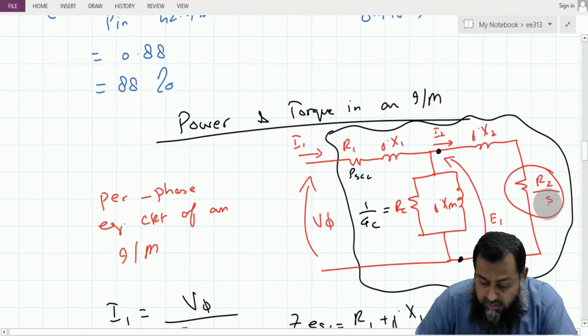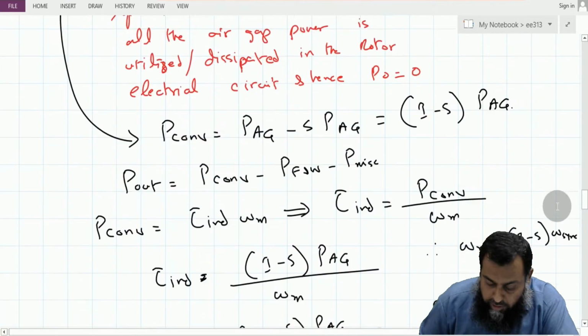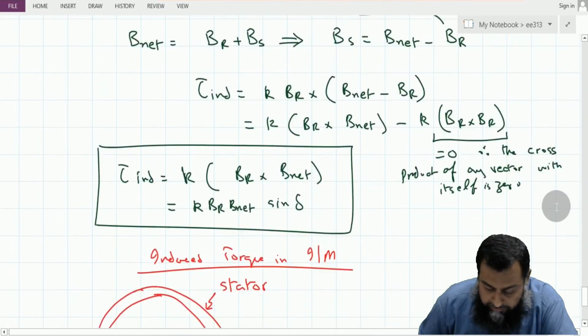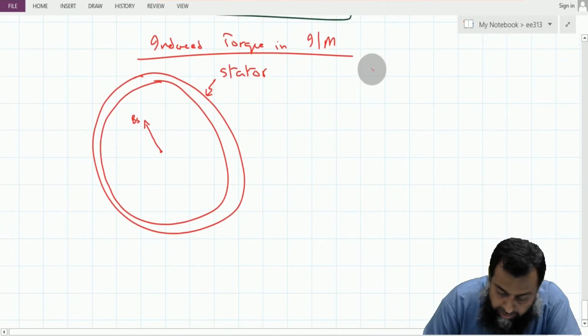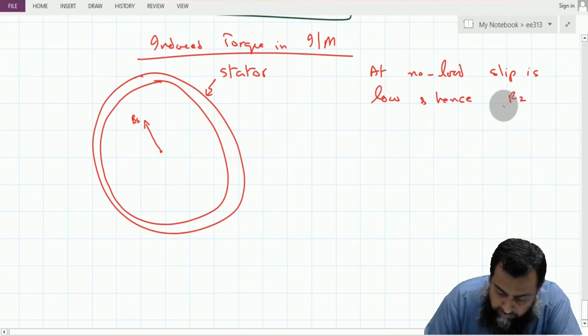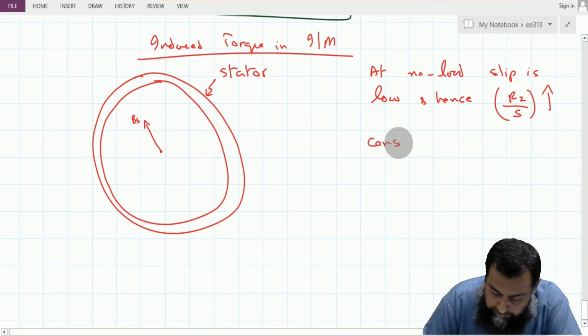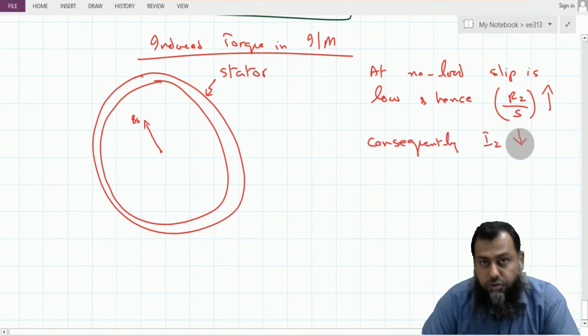With S close to 0, R2 over S becomes high, and hence at no load R2 over S has a dominant part. Consequently this I2 is low, according to the equivalent circuit that we studied in the last lecture.